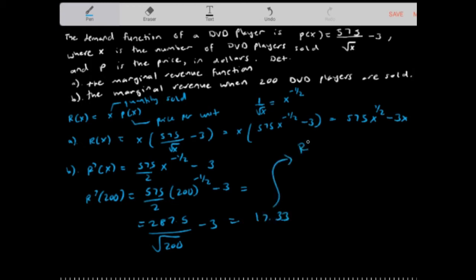Okay, so our marginal revenue at 200 units being sold is $17.33. That tells us how much revenue we're actually making per every extra unit that's being sold after this 200 units being sold.